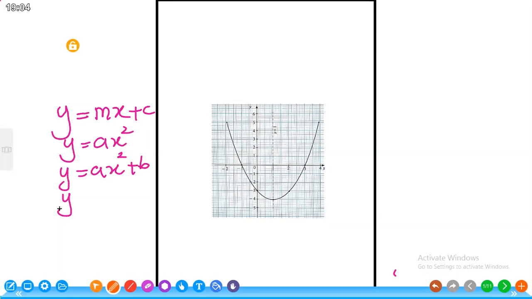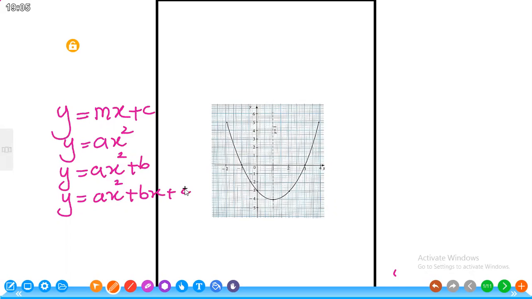Finally, we have seen y is equal to ax squared plus bx plus c. Now, let us consider the graph of the function of the form y is equal to ax squared plus bx plus c under the case a greater than 0 and a less than 0.